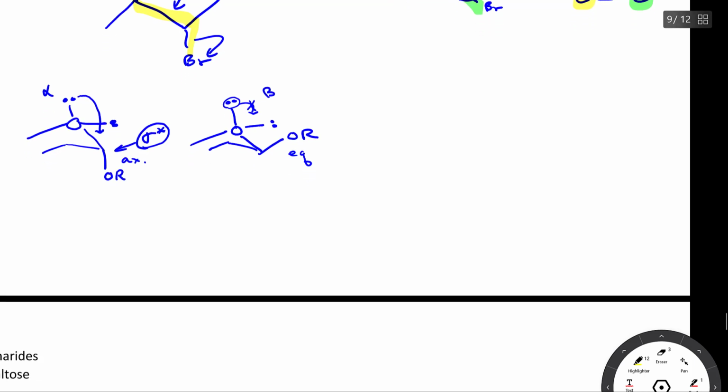So what does this do? Well, if you put electrons in an antibonding orbital, it makes this bond weaker. So, in fact, the bond is weaker in the alpha form rather than in the beta form. But the other thing that it does is it makes this bond stronger.